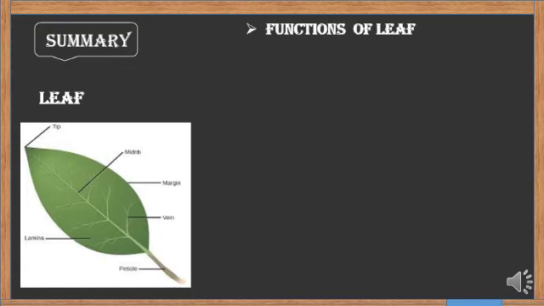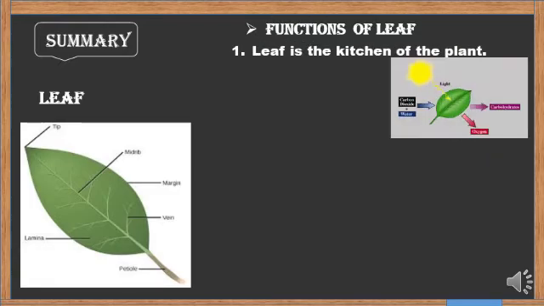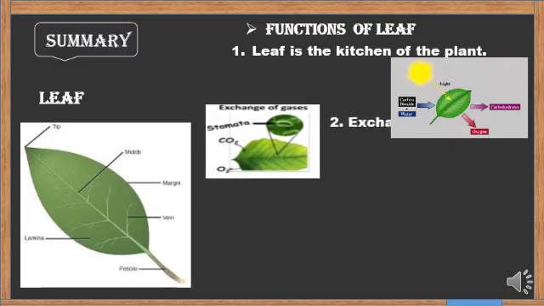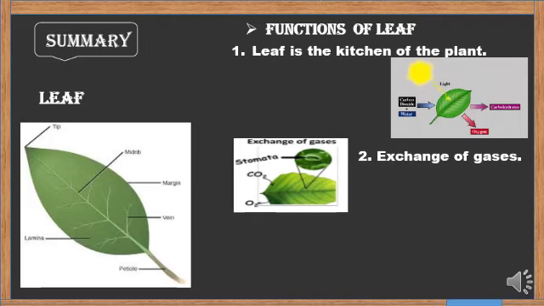We have also learnt about functions of the leaf. Leaf is the kitchen of the plant. Leaf prepares the food for the plant by the process of photosynthesis. Second function is exchange of gases.